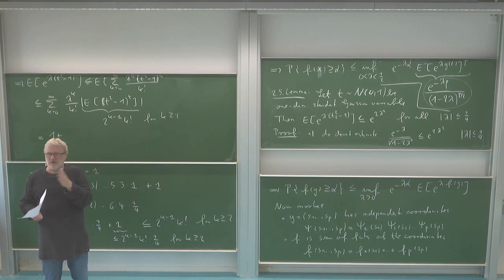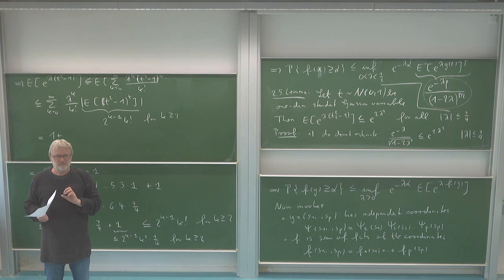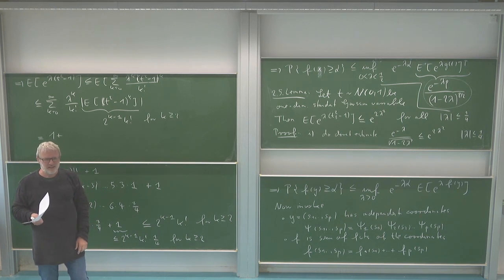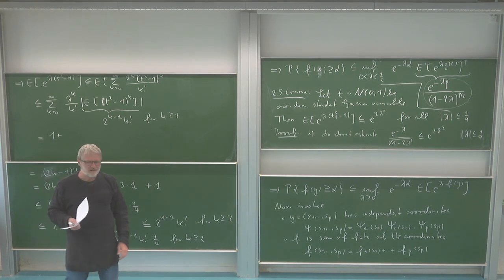And t squared minus 1, what is the expectation of t squared minus 1? What is the first moment of t squared minus 1? Or what is the expectation of t squared? For my standard Gauss, 1.